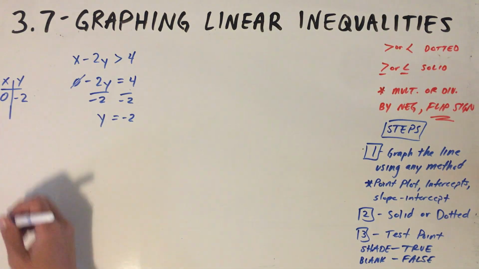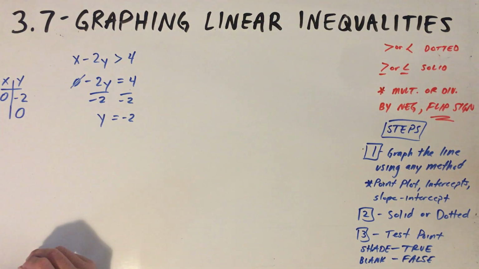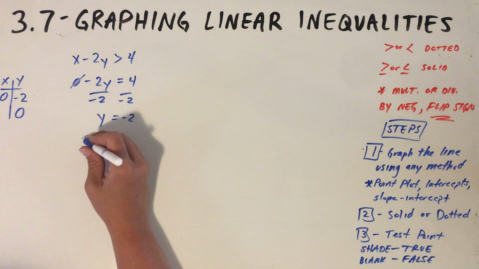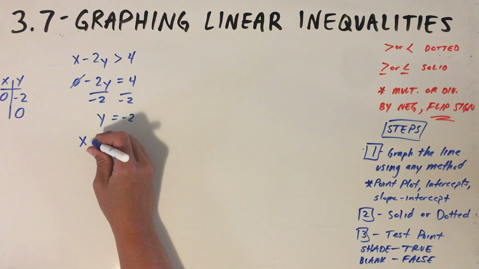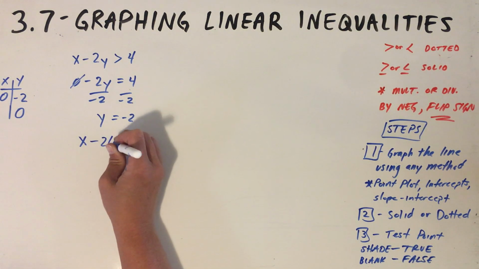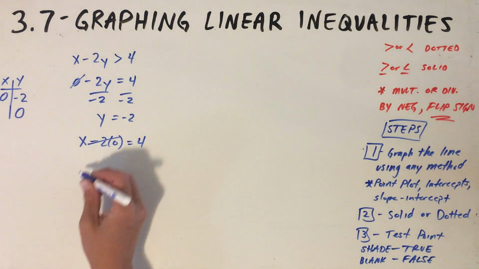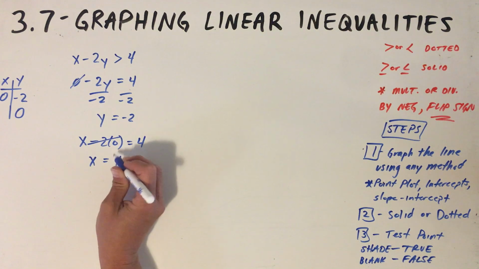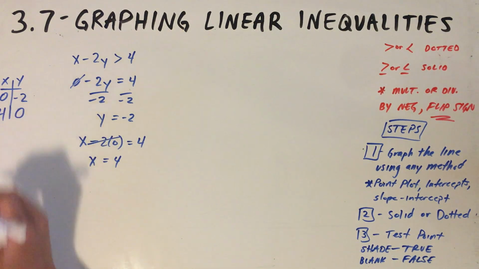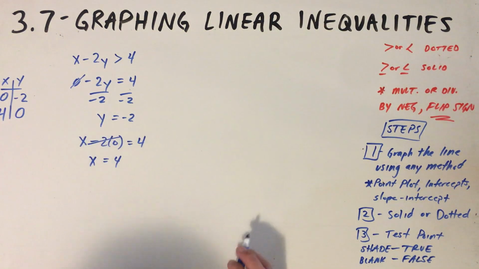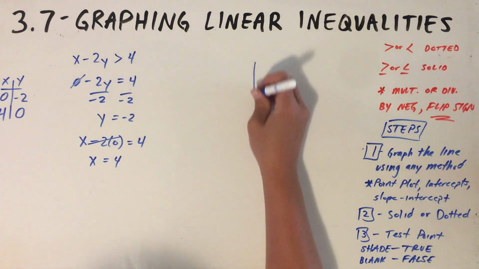Okay, so that's my first intercept. Now I want to find my x-intercept. So I'm going to plug in 0 for y and see what x equals. Well, that goes away and x equals 4. So when y is 0, x is 4. Fantastic. So now I'm going to come over here and draw my graph.